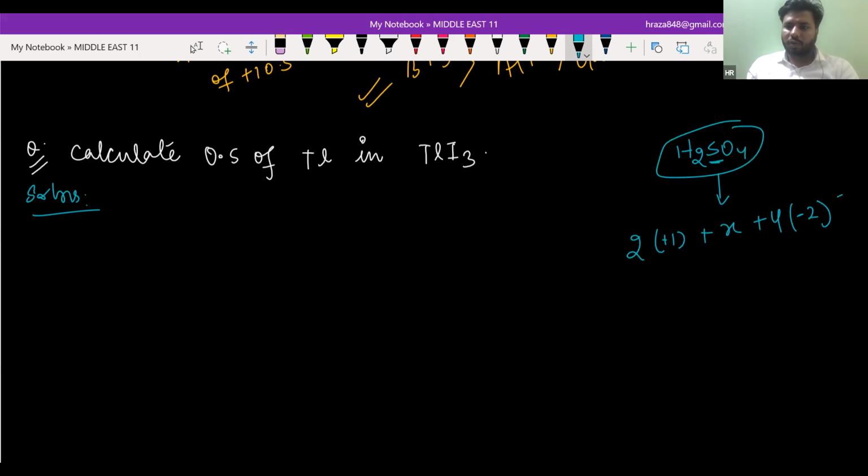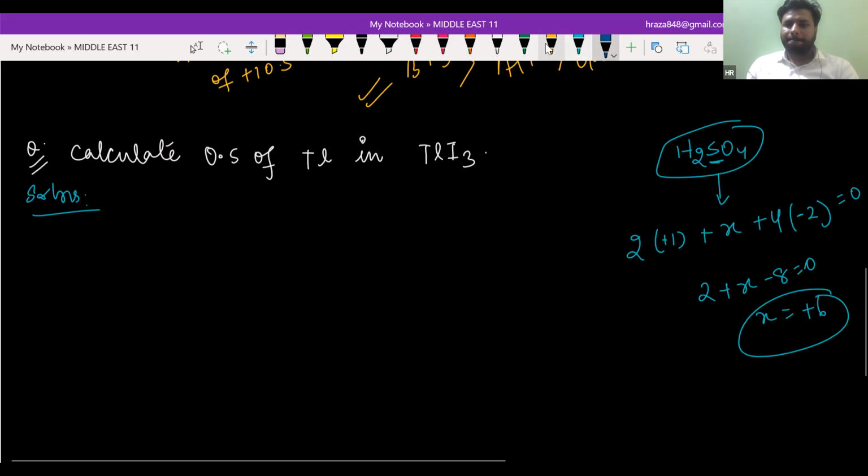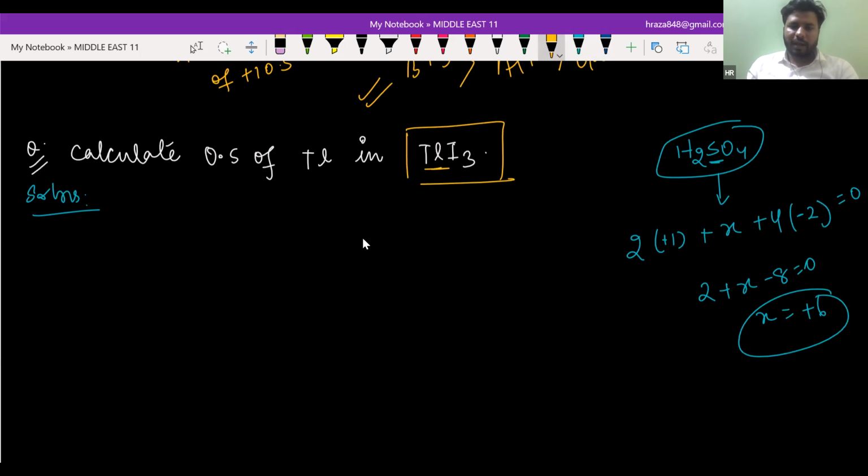Overall there is no charge, so it will be 0. In the same way, 2 plus X minus 8 is equal to 0, X is equal to +6. This is how we calculate oxidation state.